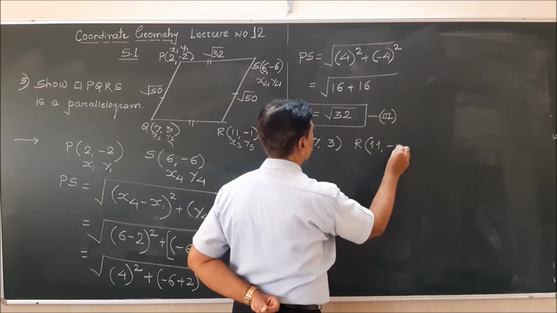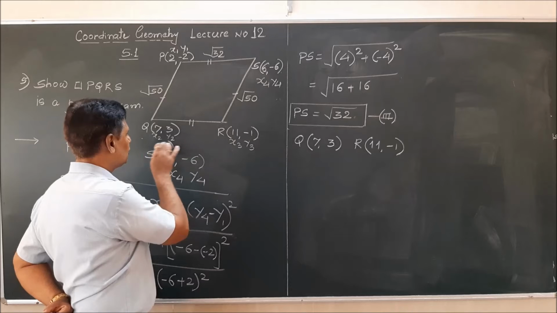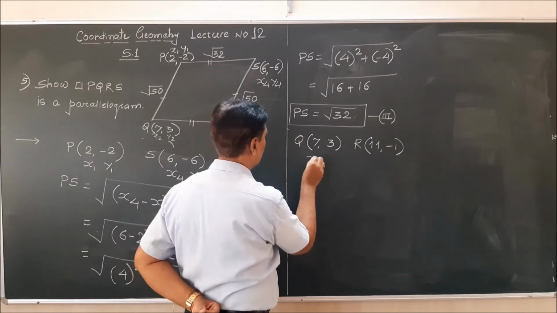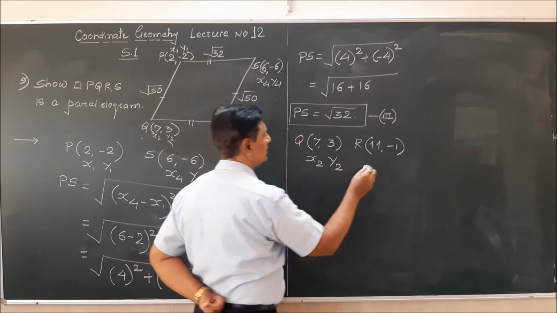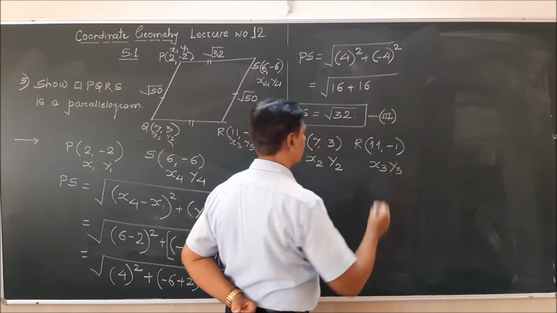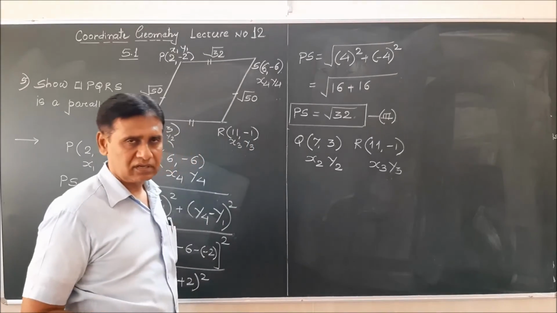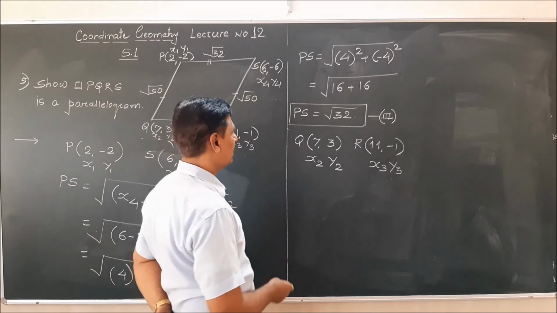We have already labeled them as x2, y2, and this as x3, y3. Second point, here also you will find the second point is point R.